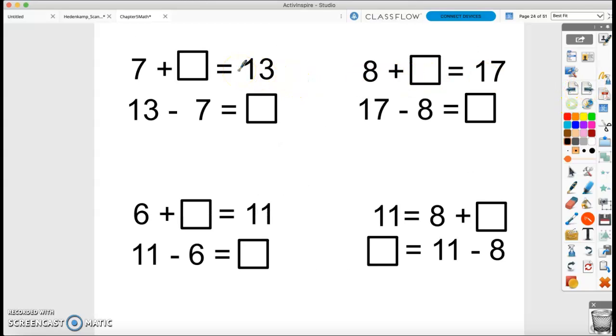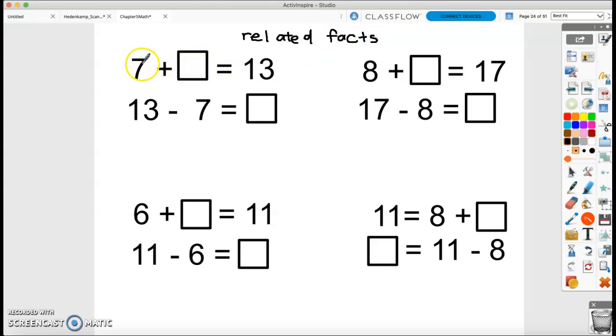So here we have to figure out what our unknown number is, but we have some subtraction facts too with some unknown numbers. They're going to be the same unknown number because these are related facts. They're facts that go together. All right.